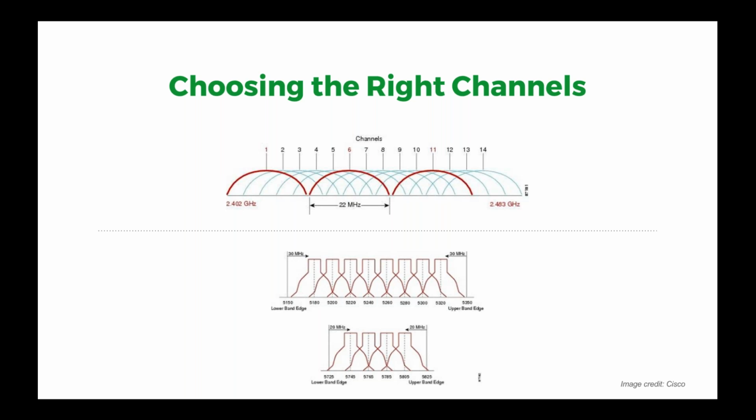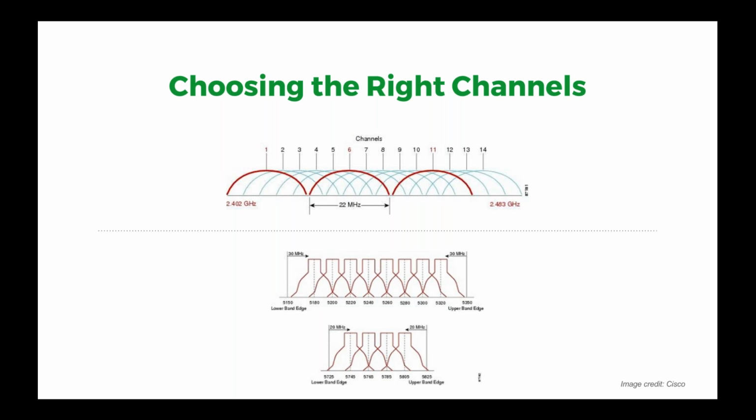On 2.4 gigahertz, the entire spectrum is only about 60 megahertz wide, so you can only get three distinct non-overlapping channels out of that. You can see that on the graphic here, where the red arcs are the three channels. The overlapping channels would be 2, 3, 4, 5, 7, 8, 9, 10, and 12, 13, 14, where 13 and 14 are not valid in the US.